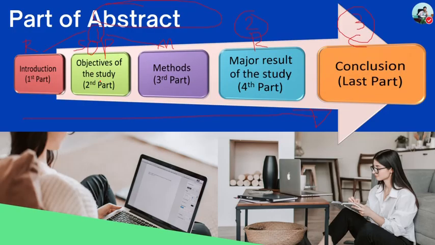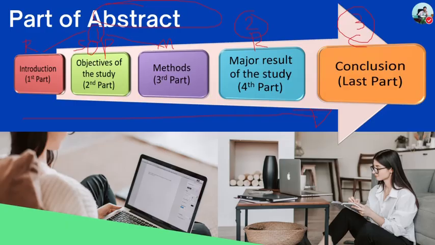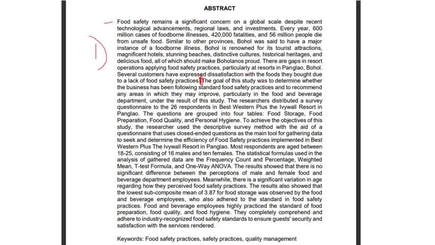Next, objectives of the study, the second part. So the goal of this study was to determine whether the business, and so on and so forth. We'll just find also the last part of part 2, the objectives of the study. Okay, so this is the last part, starting from the goal of this study until the result of this study.